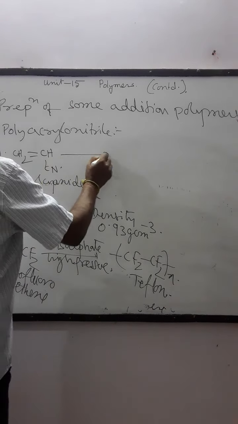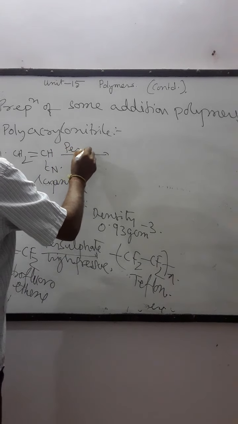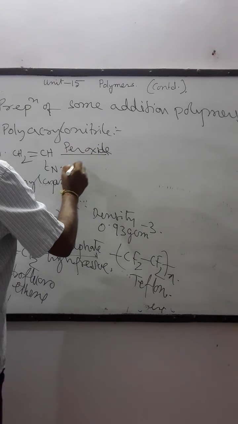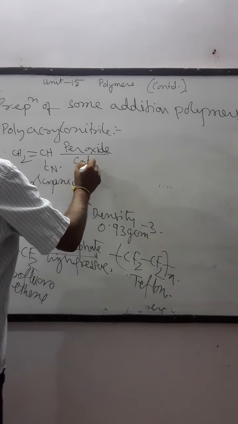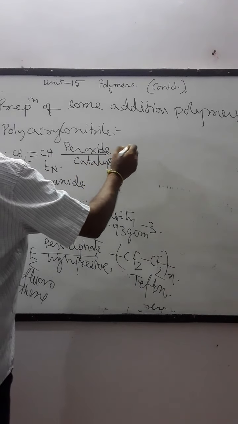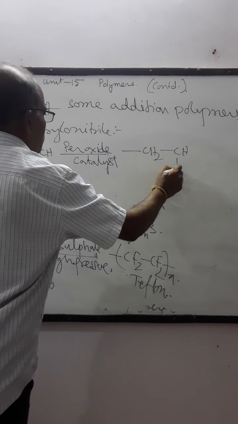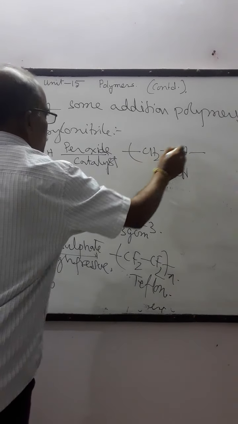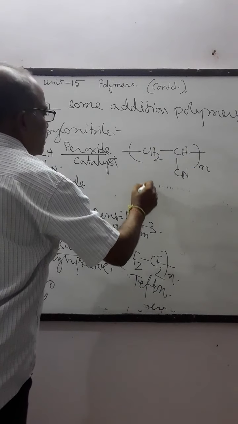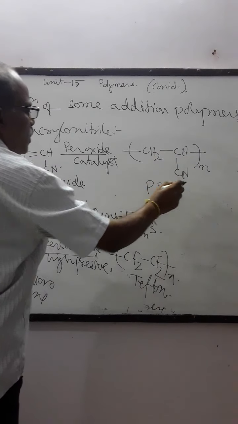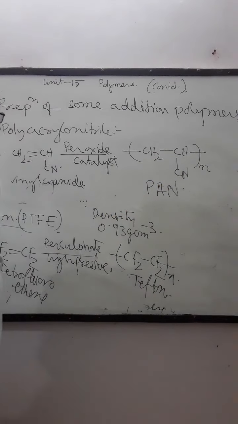When it is polymerized in the presence of a peroxide catalyst, n molecules combine and form the product known as PAN, polyacrylonitrile. So these three are examples of addition polymers.